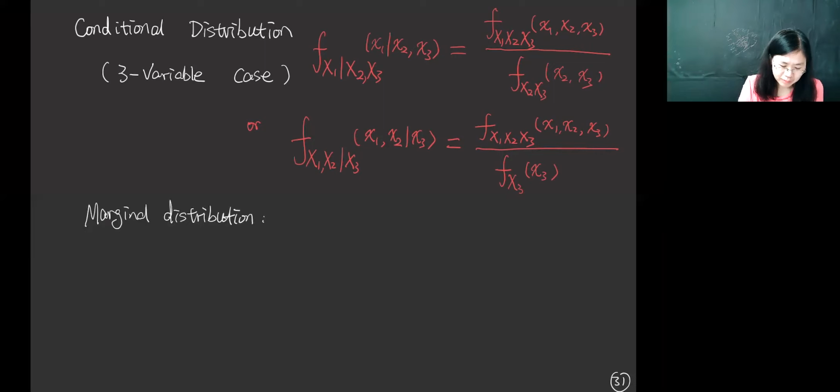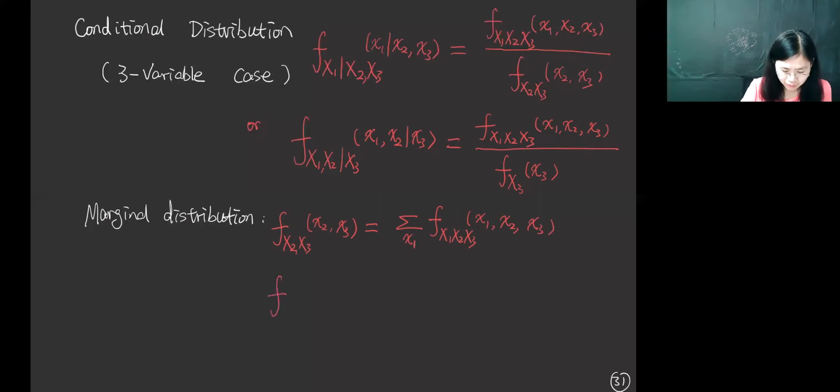And what is the marginal distribution? The marginal distribution, for example, of x2 and x3 is obtained by summing up the joint distribution over x1.